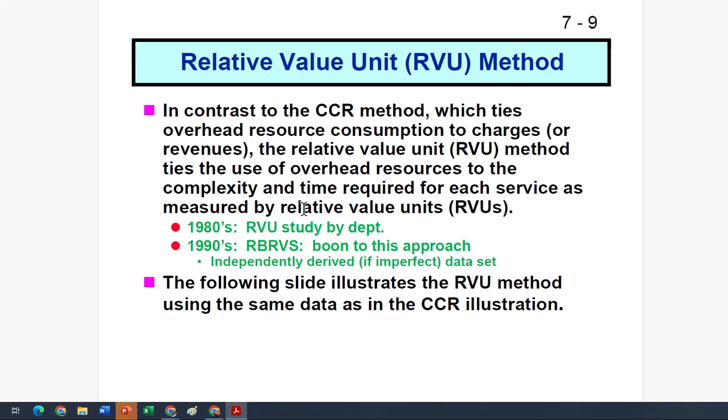In the 1990s, we came up with the resource based relative value system. I think that's right. RBRVS, resource based relative value system. And so prior to that, Medicare was usual and customary, the reimbursement percentage, 50th percentile of this.